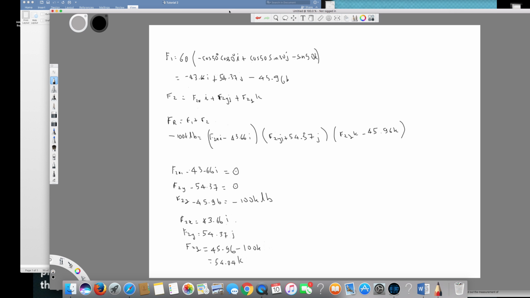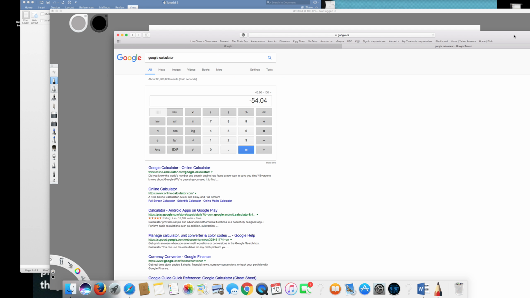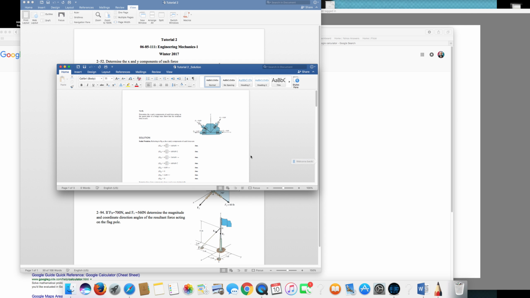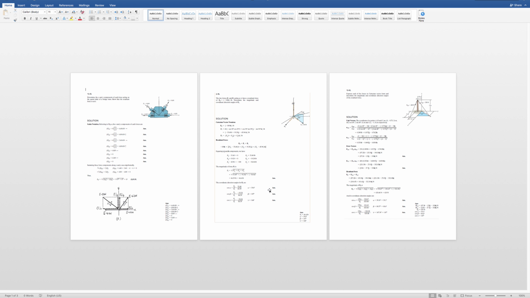Now since we have these, I can simply add them both, because FR is equal to F1 plus F2. So let's see, if I add them both together, what am I going to get?